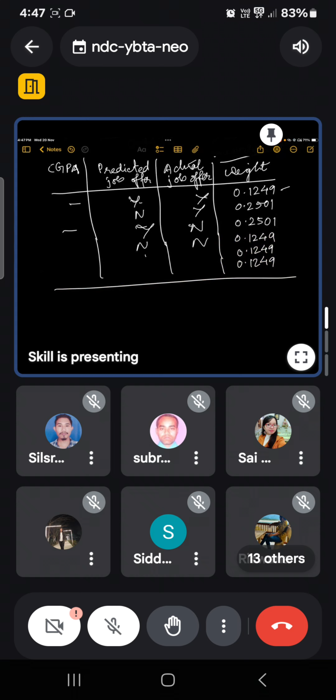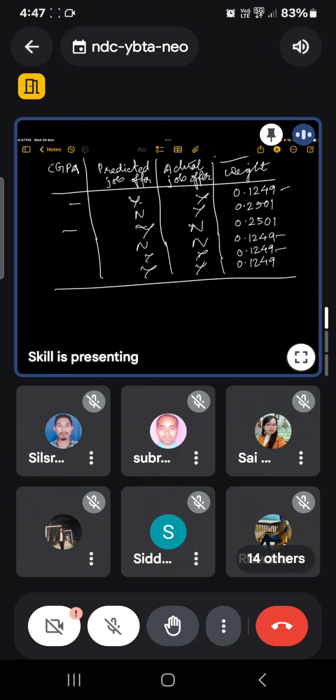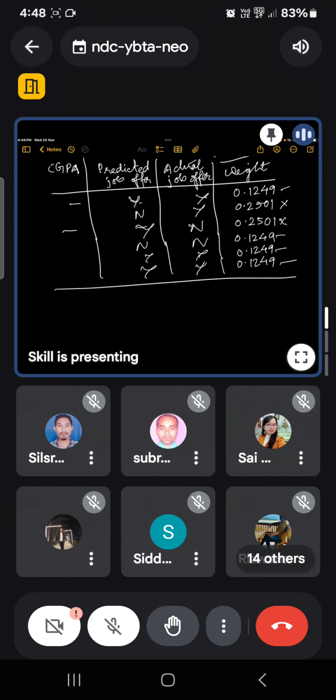No and no is correct, then yes and yes, yes and yes. So we are putting the same value for correct instances and this value for incorrect instances, which we have just now calculated, and we are updating in this way in the table.